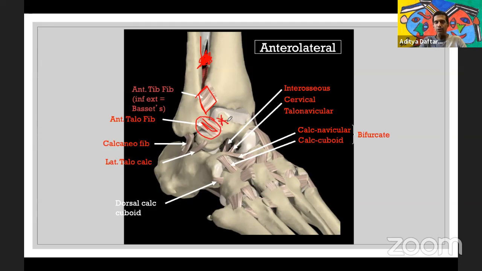So that's a very important one to remember. Then you have the calcaneofibular ligament, which runs down here, and you have other branches to it. I won't get into those details, but primarily it's the calcaneofibular ligament that we're concerned about. So high up on the lateral side: syndesmotic, anterior tibiofibular, anterior talofibular, and then straight down the calcaneofibular ligament.